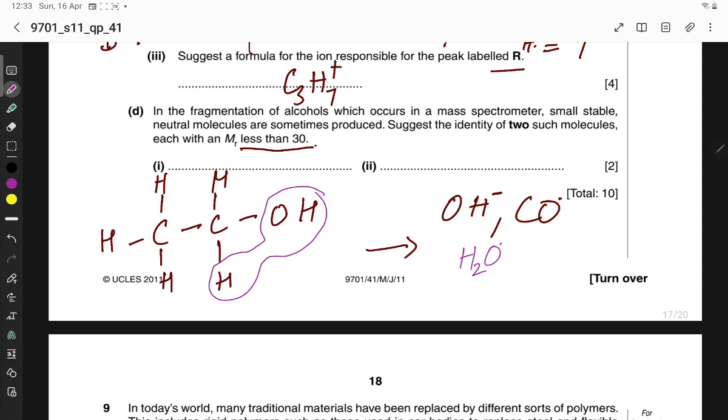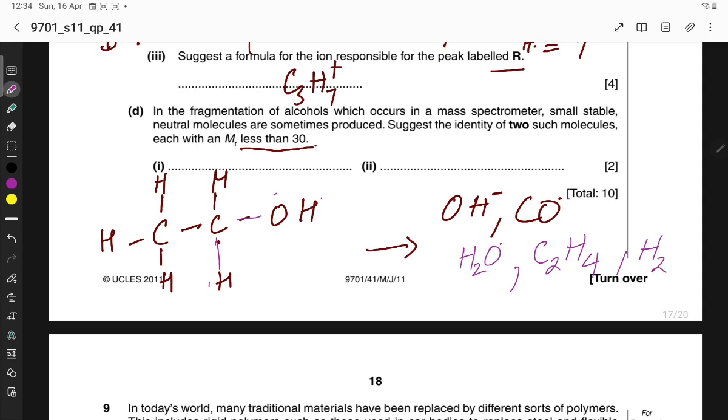Also H2O. If OH is lost, water is lost, and then there is another molecule, for example C2H4, and a hydrogen molecule can also be lost.